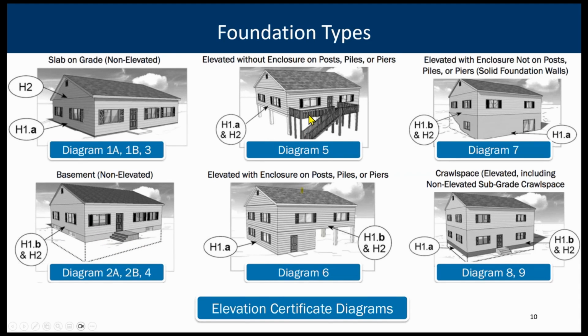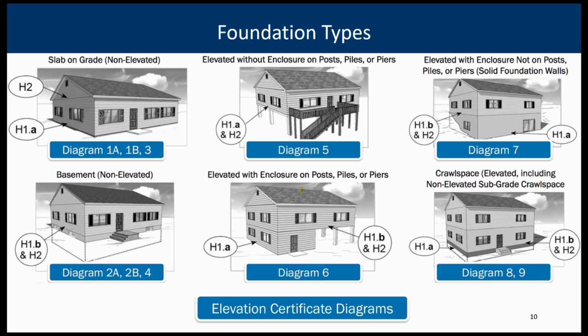They've got those that are elevated without an enclosure, without anything enclosed below the elevated part, in diagram 5. And then those where the main living portions are elevated, but they might have an enclosed area for parking, that's treated differently. And then we've got those that are elevated with perimeter walls, and if they're meeting the floodplain regs, they've got flood openings.